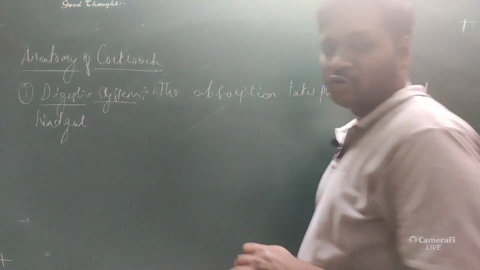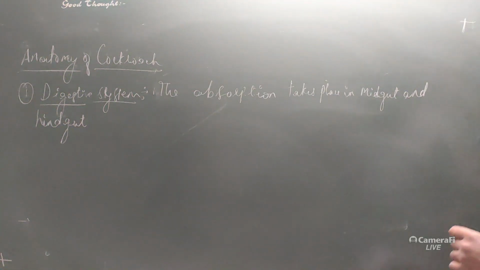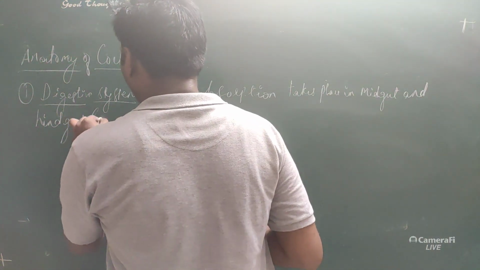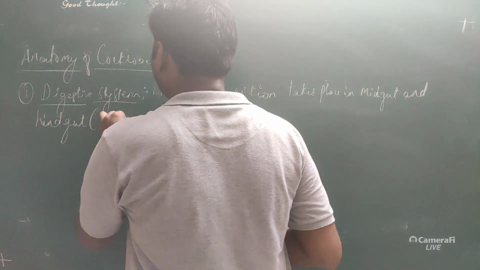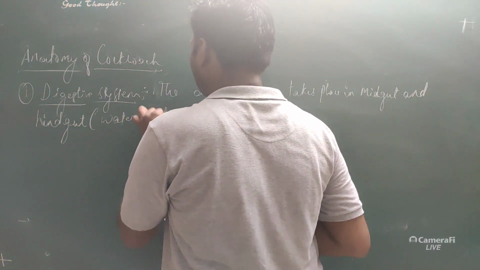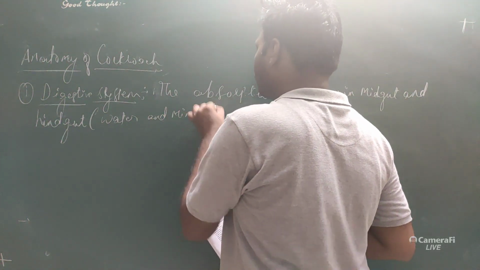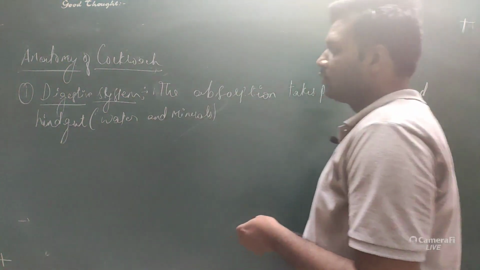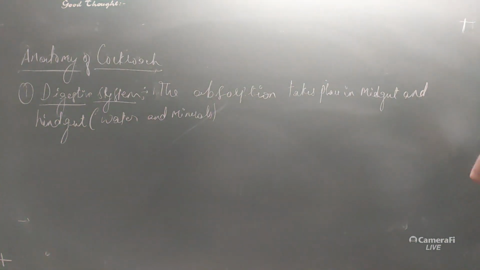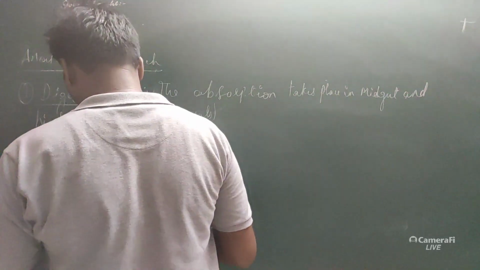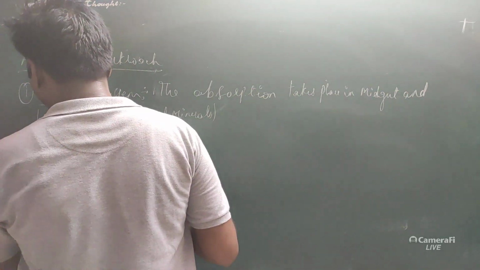Okay, so absorption of food takes place in the midgut and the hindgut, in the form of water and minerals. Generally, whatever food has been absorbed is in the form of water as well as minerals.